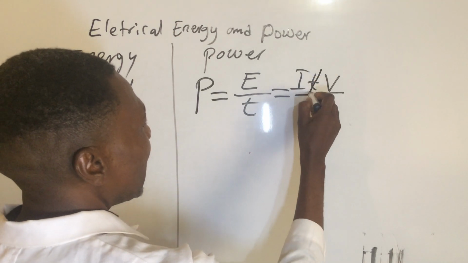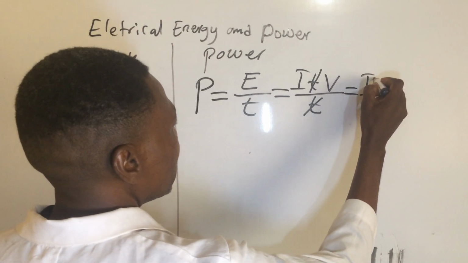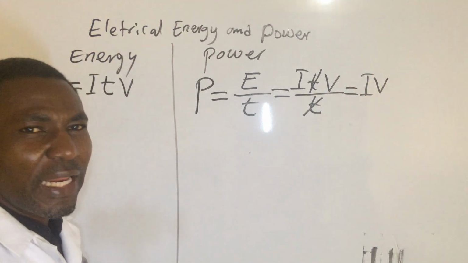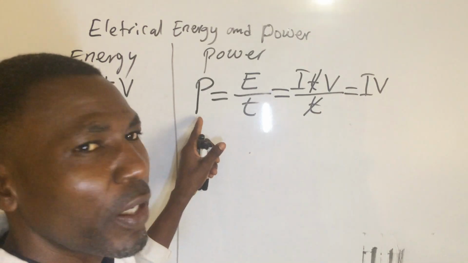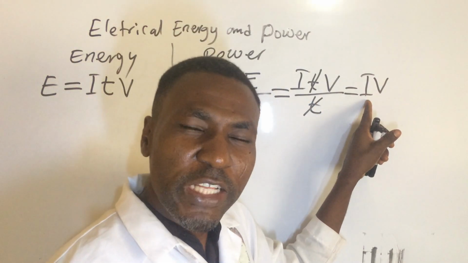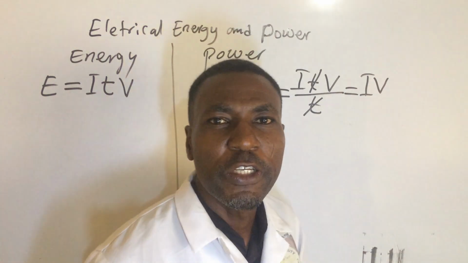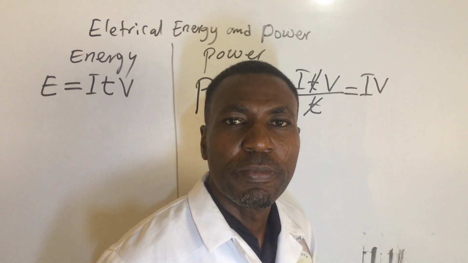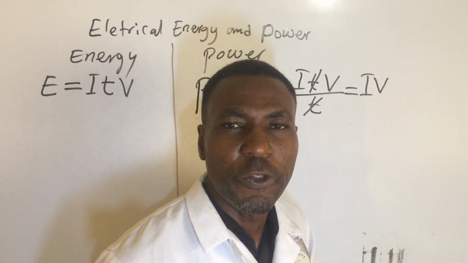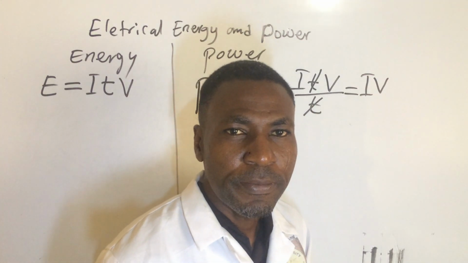The time here will cancel the time down here. We now have only current times voltage. So you can now calculate electrical power using the current consumed times the voltage of the electricity, okay? Times the voltage of the electricity, right?